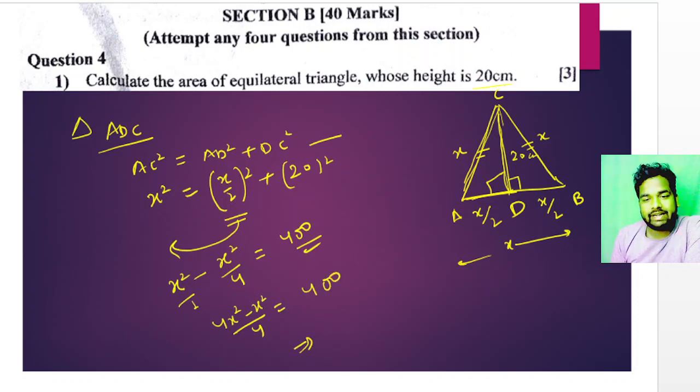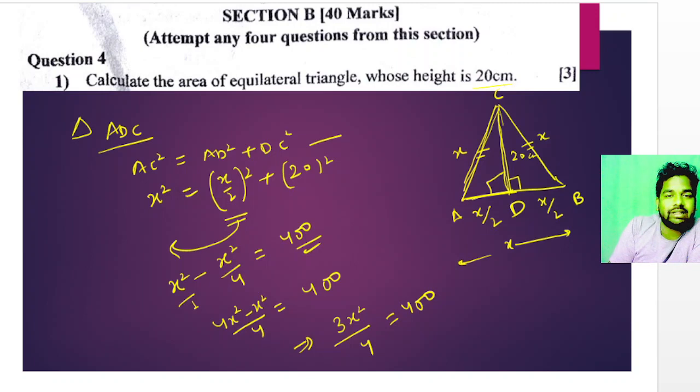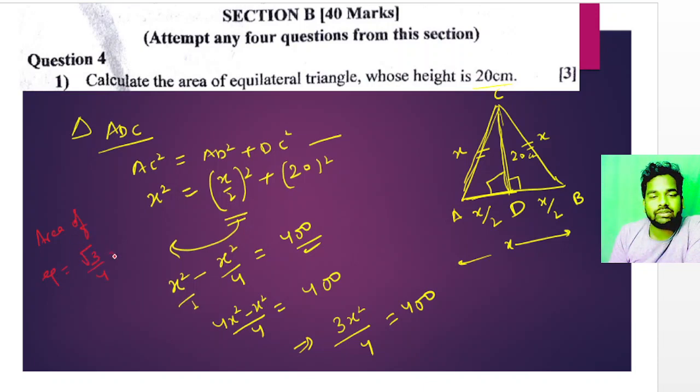So 4x square minus x square gives 3x square divided by 4 is equal to 400. And I think everybody knows the formula for the area of an equilateral triangle: area is equal to root 3 by 4 x square, where x is the side of the equilateral triangle.